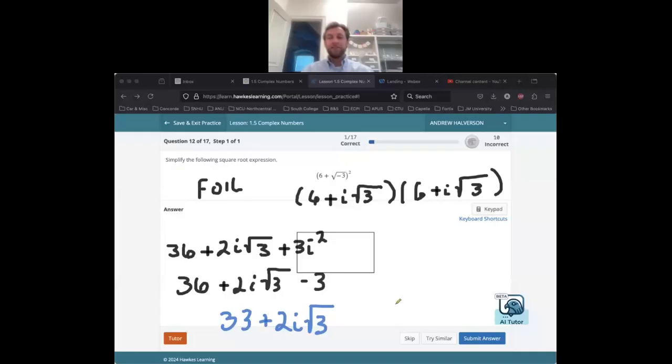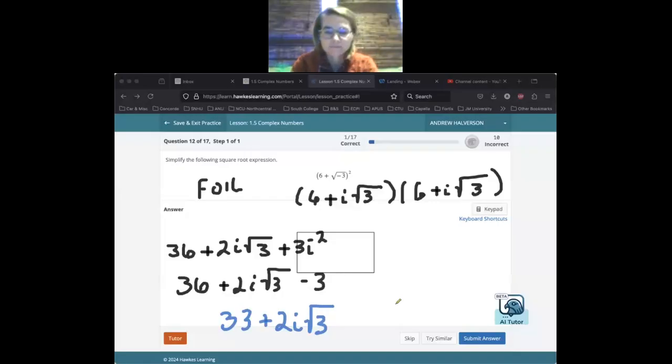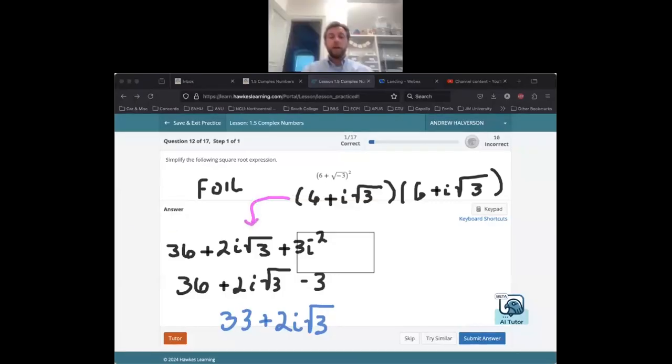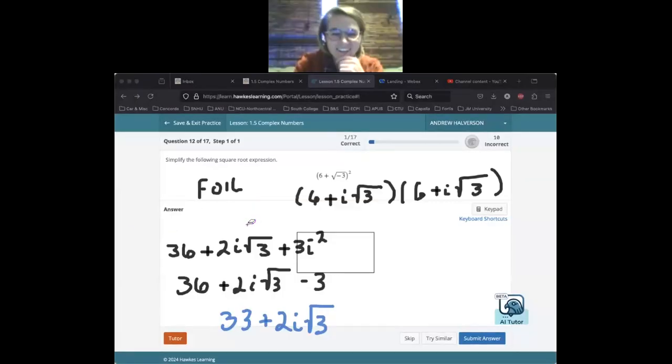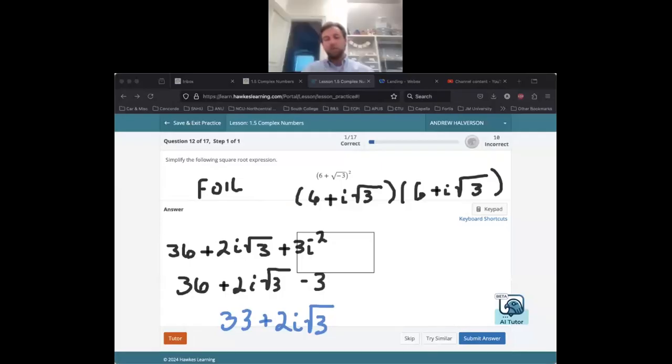Yes, on the problem we just did, right under the original problem where you wrote, you just foiled it, and that's how you got 2i square root of 3? Could you point out how I got that? I actually used a formula, but I'm not going to bore you with it.